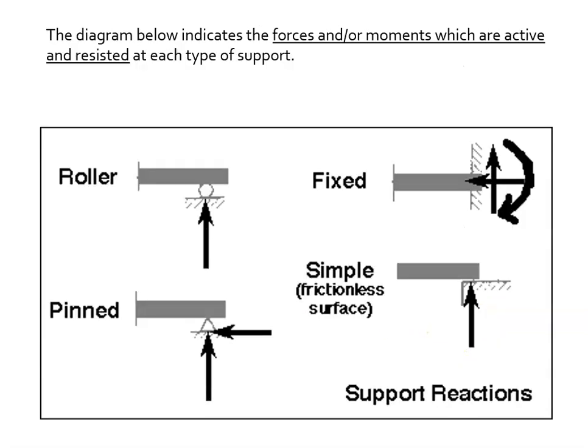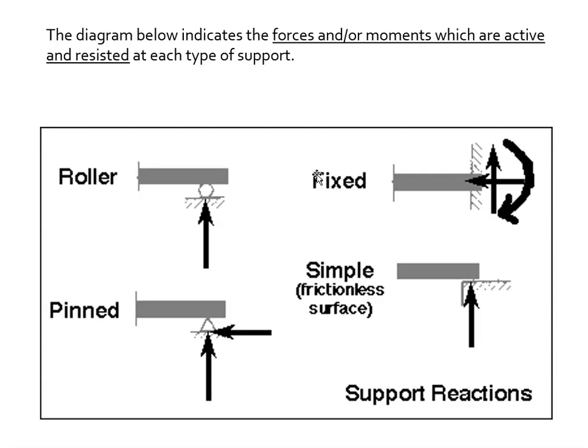Okay? So now, this is the very, very important part of the matter. The diagram below indicates the forces and or moments which are active and resisted in each type of support. So we have objects that are pushing on these or weighing down on these supports, and as we go back to that early slide, when Newton's law occurs, changes are made in geometry or in direction.